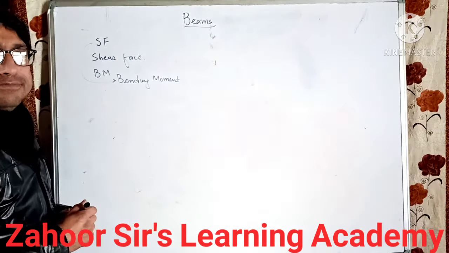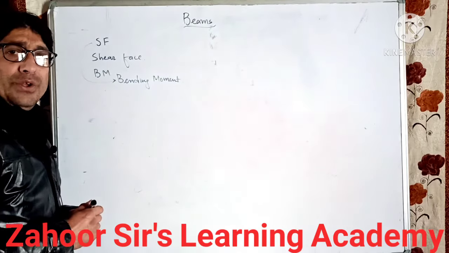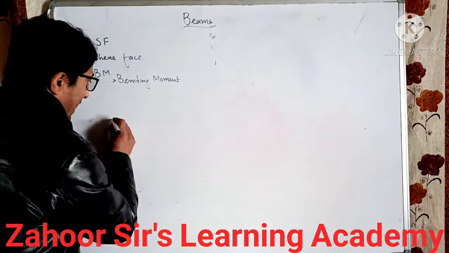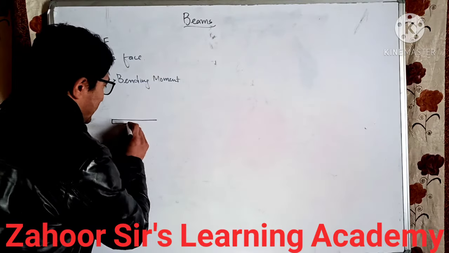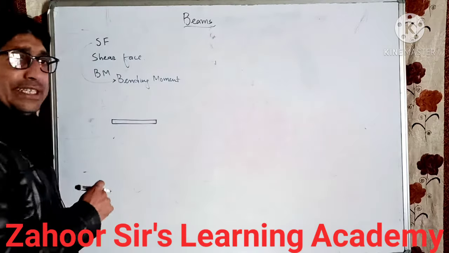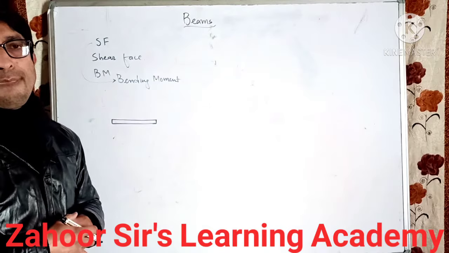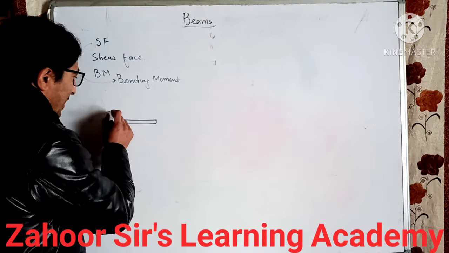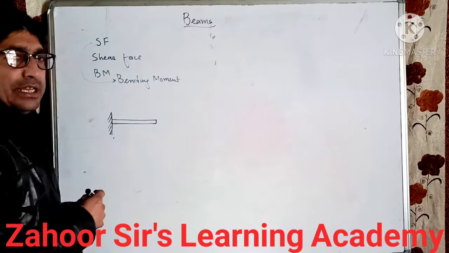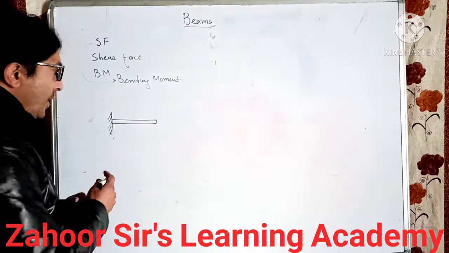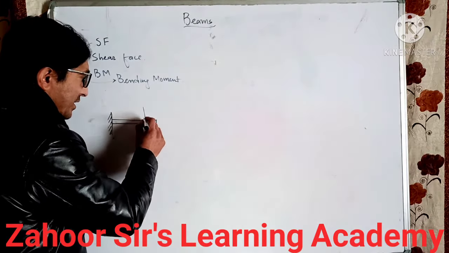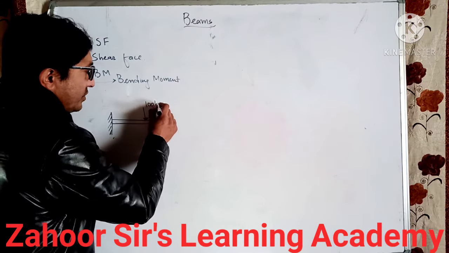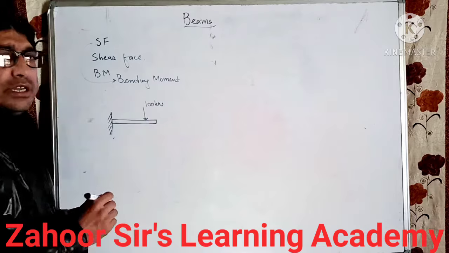What does it mean? So what does shear force mean? It has been made to resist. Let's assume this is a beam, and it's a cantilever beam, as you know, and there is a load of 100 kilonewtons acting at that point.